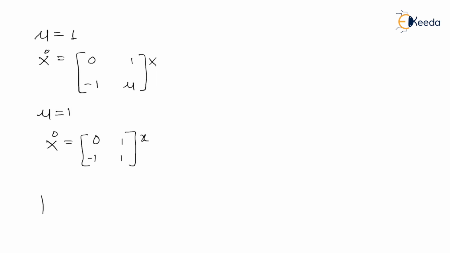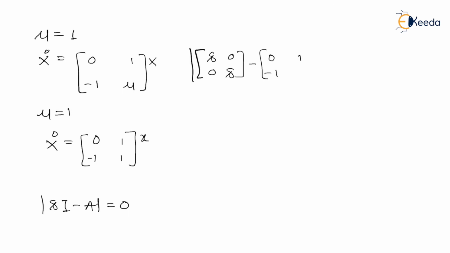So the determinant of sI minus A, equated to 0, can be taken as the determinant of [s, 0; 0, s] minus A, which is [0, 1; -1, 1]. The determinant value is equal to 0. If you solve this, (s - 0)(s - 1) + 1 is equated to 0.